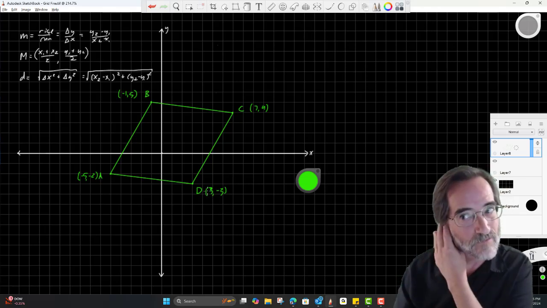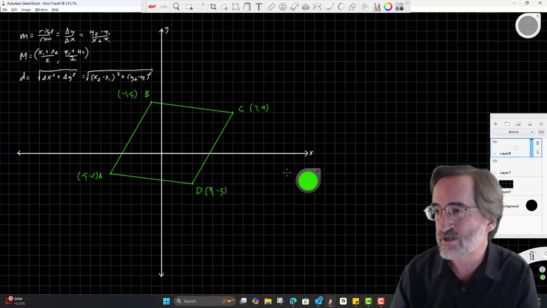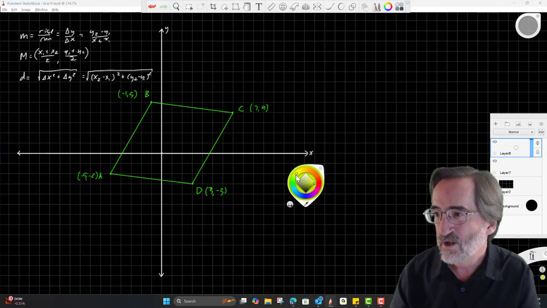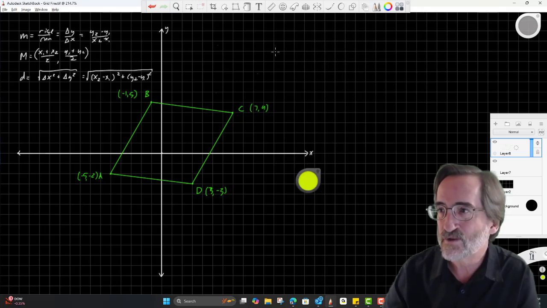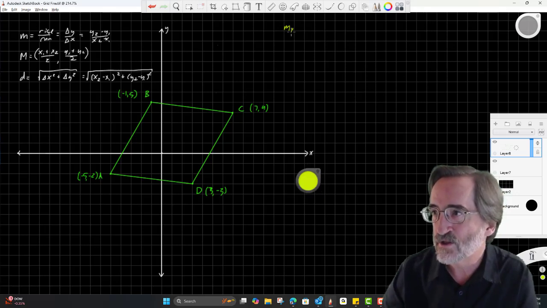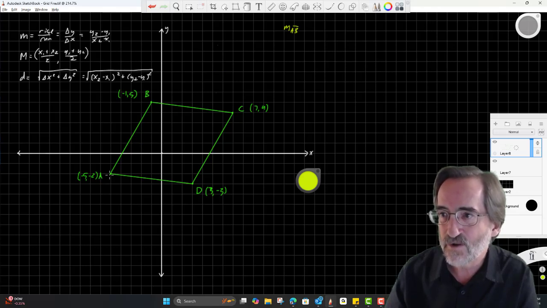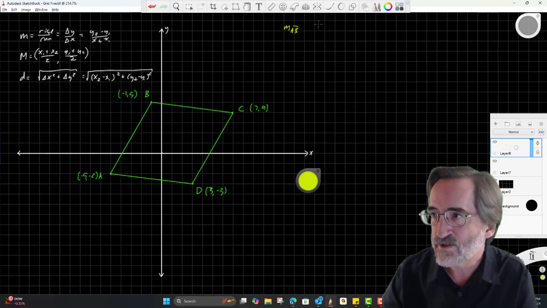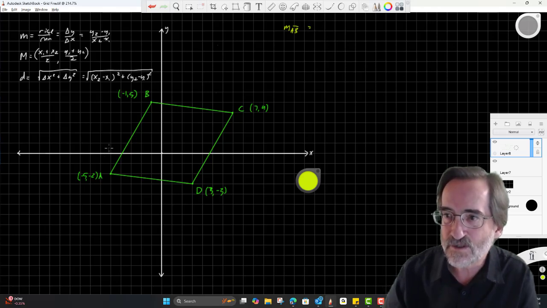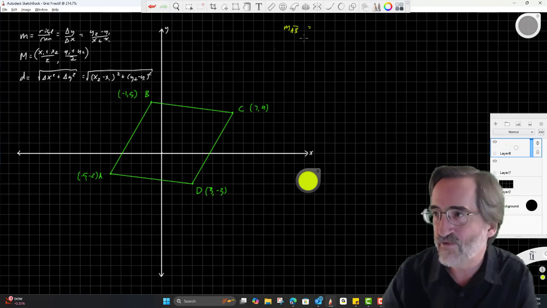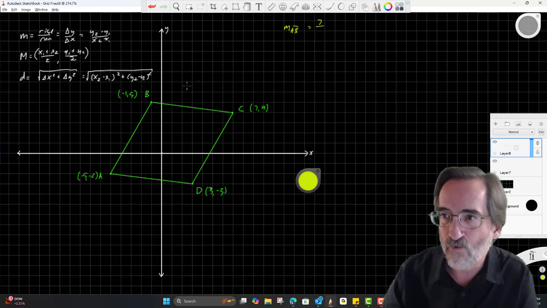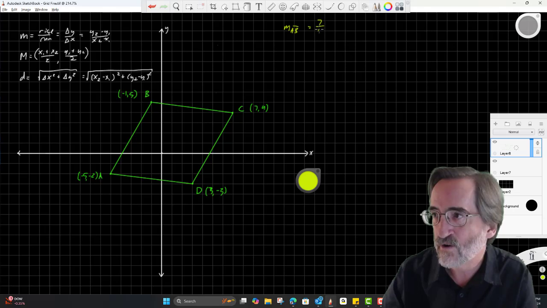Okay, and I want to prove as much as I can here about this, so I'm going to go rather quickly. The first thing I'm going to do is find the slopes. The slope of AB is rise over run: up 7 and over 4.